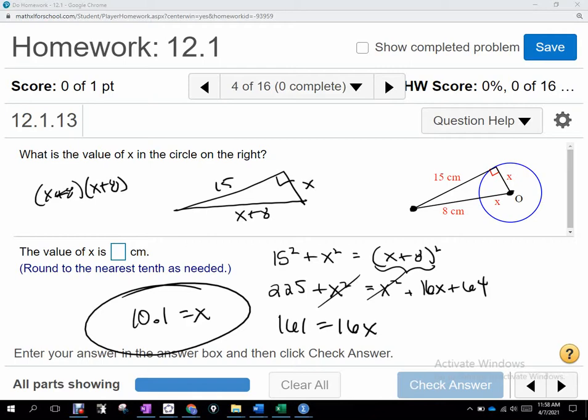Sometimes, and I don't know if any of the questions in your homework did this, these x squareds might not cancel, depending on what the values were. Maybe they gave me this distance as 2x.